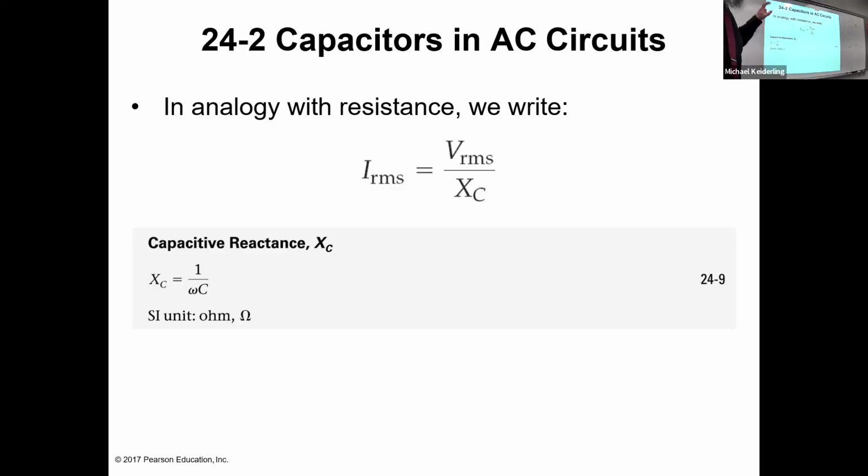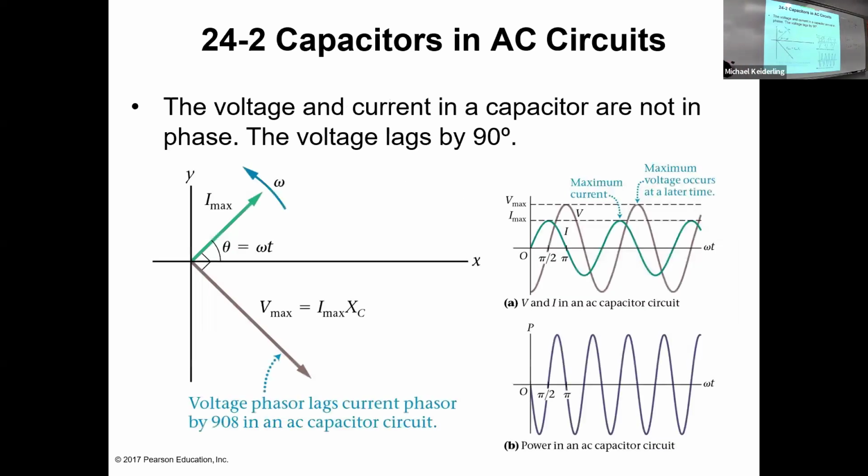So the effective resistance of the capacitor increases with lower frequencies. Capacitors let less current flow at low frequencies, and more current flows at high frequencies. Additionally, the voltage and current in a capacitor are not in phase.